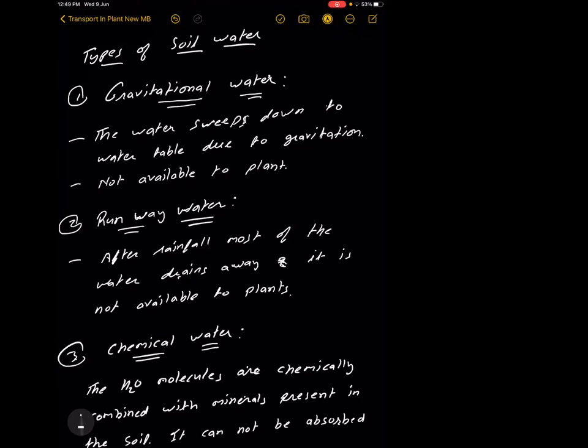Finally, the water has to enter the xylem, because ascent of sap starts from here. It enters the xylem, and xylem is also a dead cell. If it is in the cavity, it is symplast. Otherwise, it is apoplast.